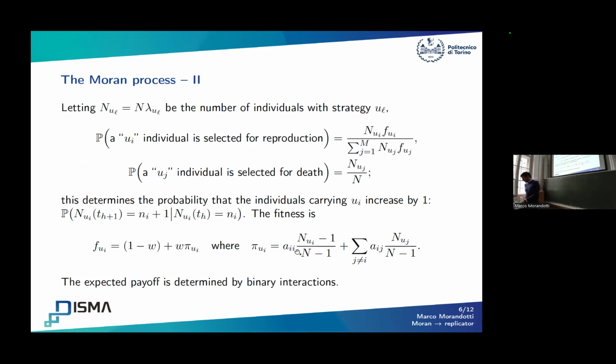And so this accounts for the elements in the diagonal there. And n of uj for j different than I are those carrying any other strategy. And given each uj, then I have the payoff given by A of ij. So in this way, the payoff is determined by binary interaction. So each individual meets all of the other ones, and the dynamics happens in this way.